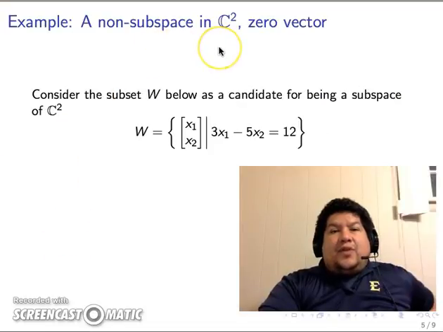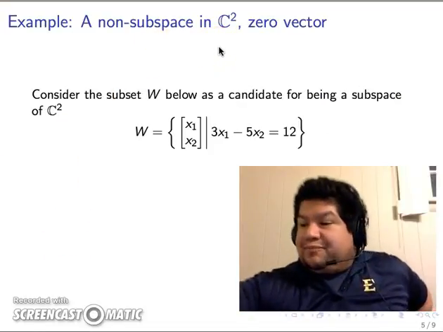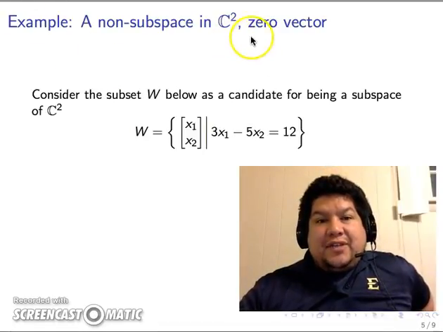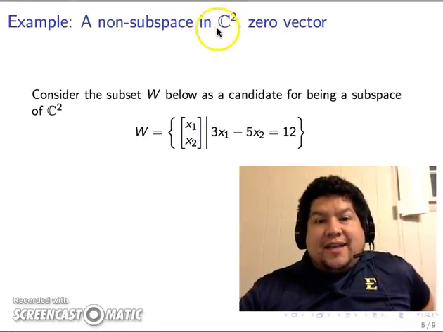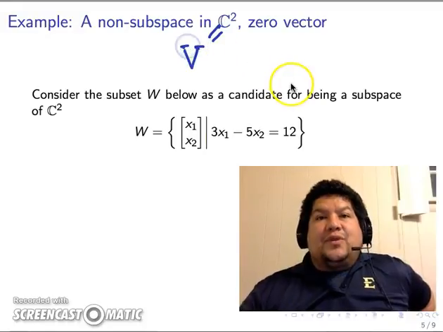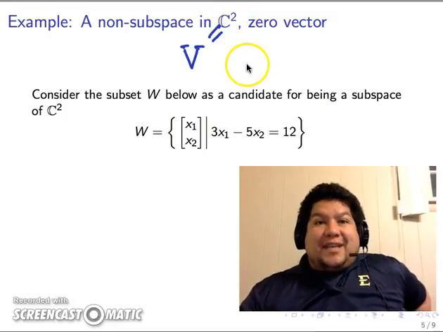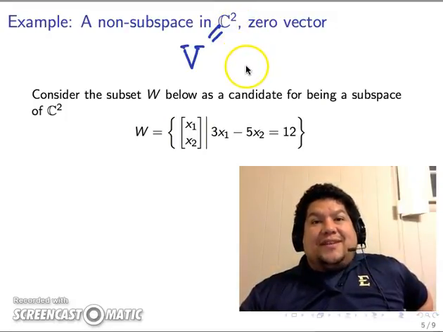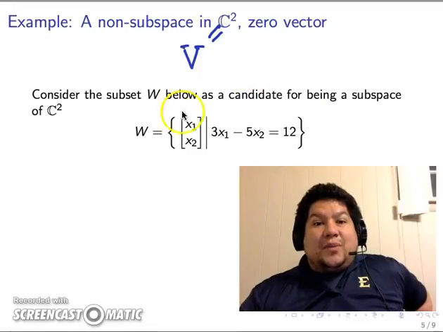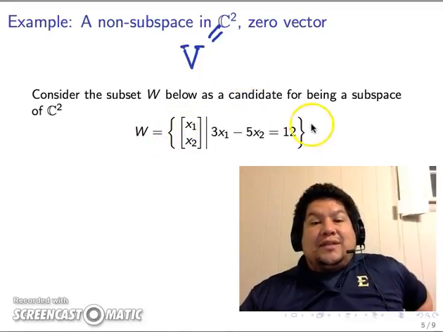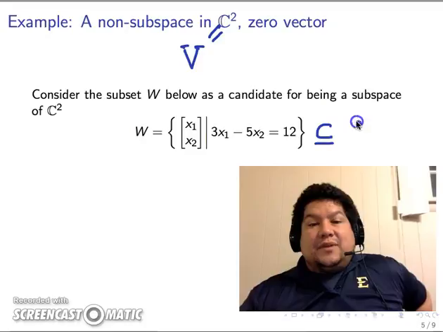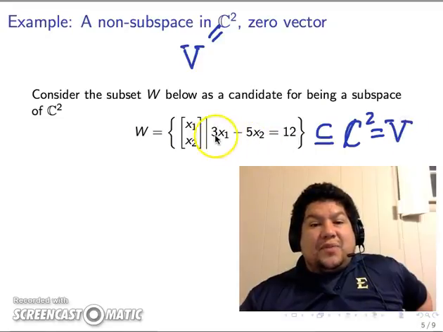So now we consider a subset of C2. In this case, we would say that C2 is the vector space that we're denoting by the letter V. C2 is the set of vectors with two entries, such that each entry is a complex number. And so W is a subset of C2, which is what we call V in the notation of that theorem.